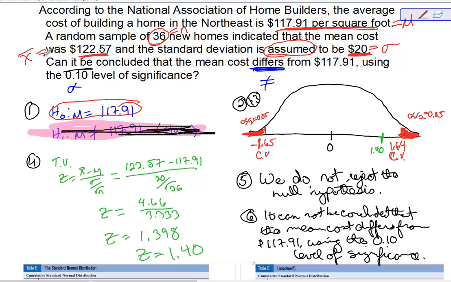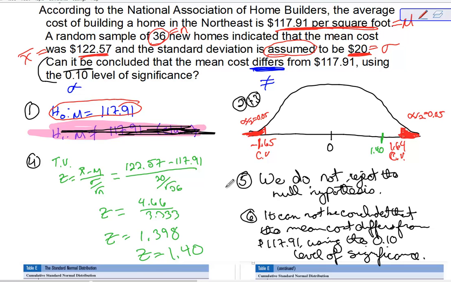Again, I literally took this last sentence here and reworded it. Do I support the claim or do I not support it? I'm not supporting it, so it cannot be concluded. And kept everything else. Okay? A couple of big keys here. Make sure you get the hypotheses correct.